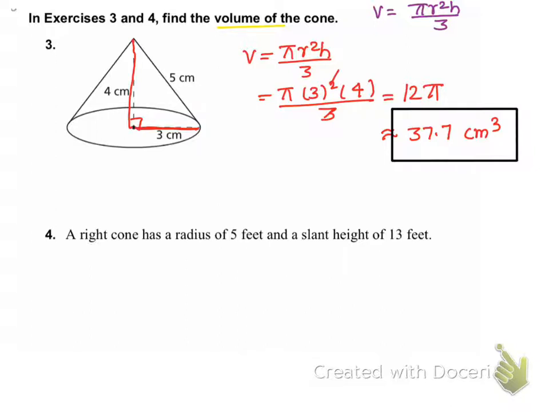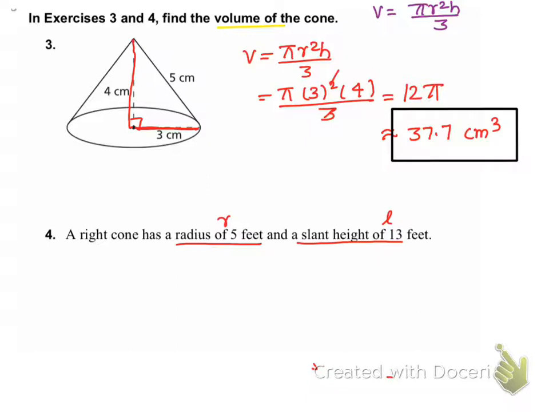Now again, we have to find the volume of the cone, but I have been given r here, the radius, and I don't have the height. That's a slant height.